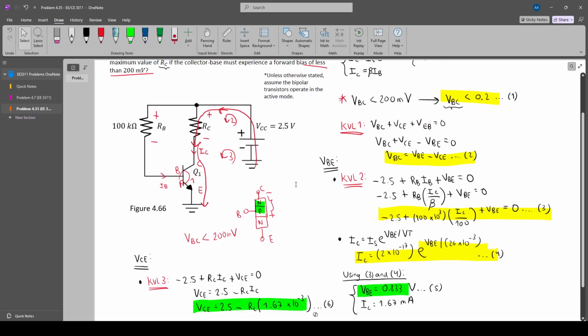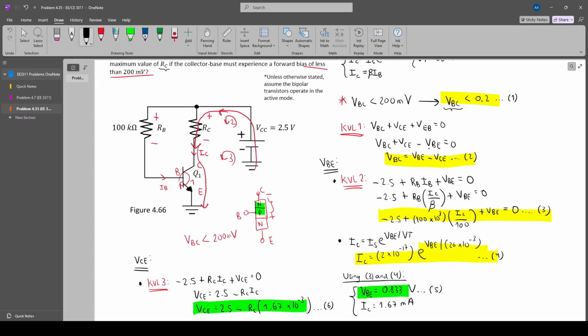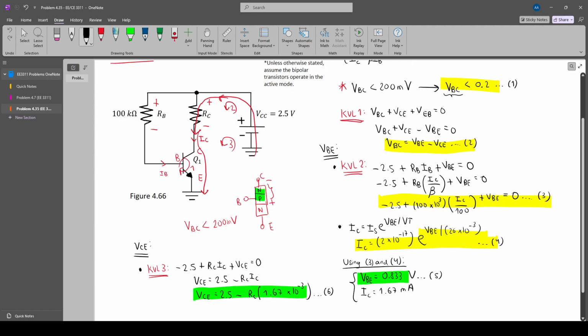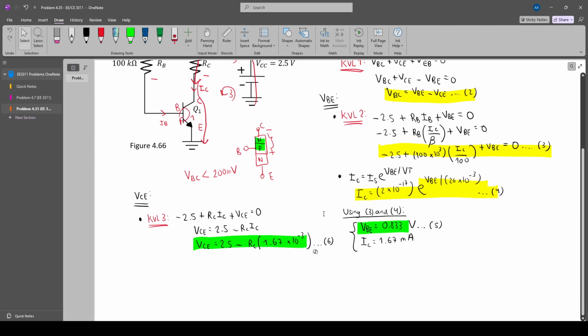So we can plug BCE and VBE inside this equation and then plug this value inside this expression. And that way we will be able to find an expression that only contains RC, and we will be able to find it, right? So now let's use all the equations we have found until now.